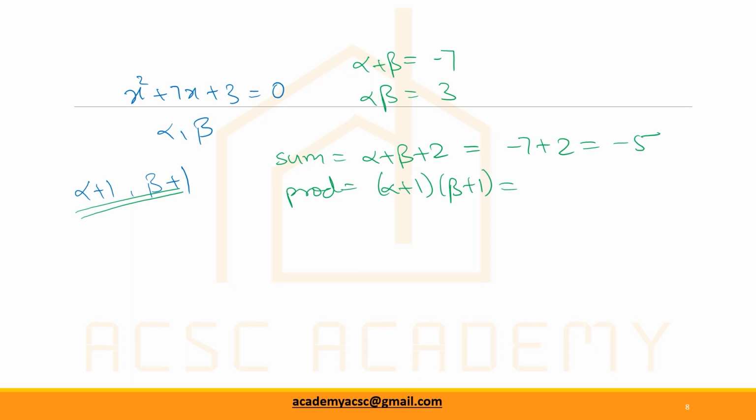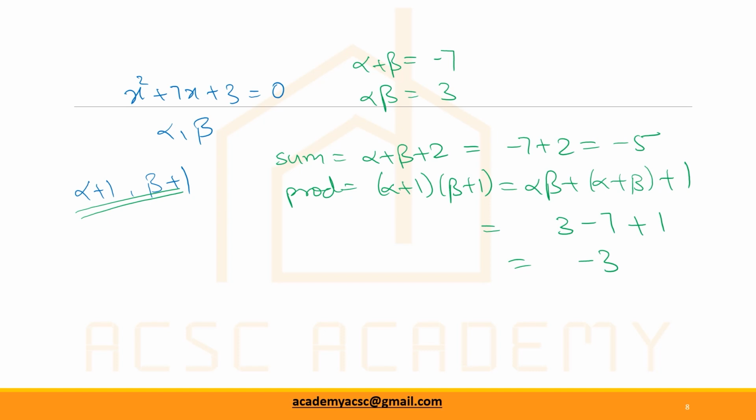So that becomes alpha beta plus alpha plus beta plus 1, and we already know alpha beta is 3, alpha plus beta is minus 7, and plus 1. So how much does this become? It becomes 3 minus 7 plus 1, so minus 3. So we got the product of these roots as well.